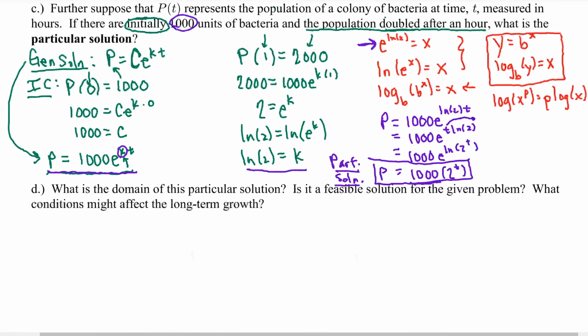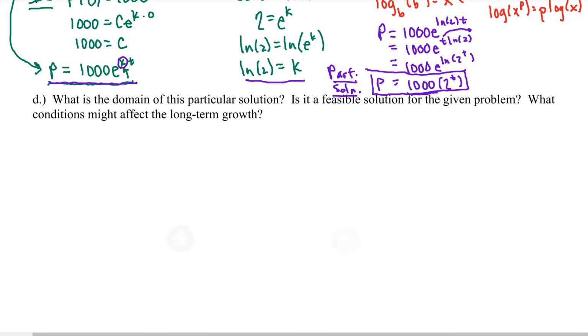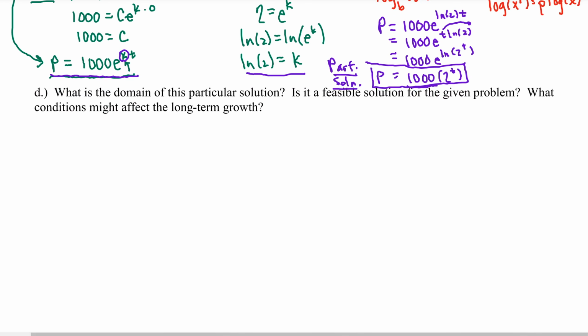Okay, based on our solution, let's interpret our solution. What is the domain of this particular solution? Well, the function that we have here is P of t equals 1,000 times 2 to the t. This is a basic increasing exponential function. You can grab your calculator if you want to and take a look at the graph.